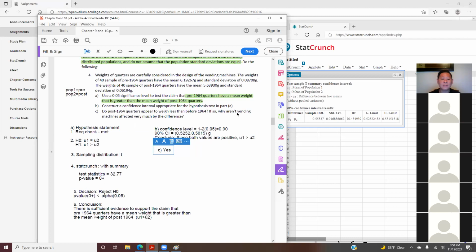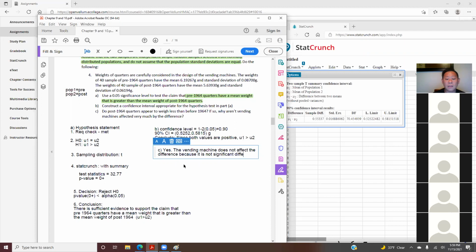So why do vending machines not get affected very much by it? The reason the vending machine does not affect the difference here is because it is not a significant difference.